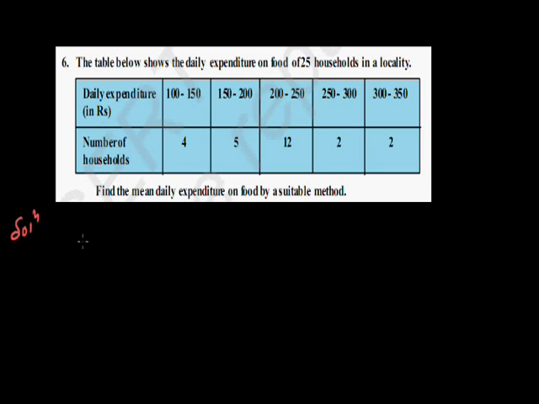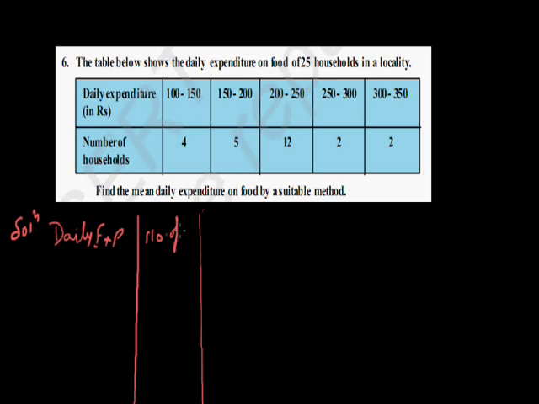Now the table has the daily expenditures and the number of households.